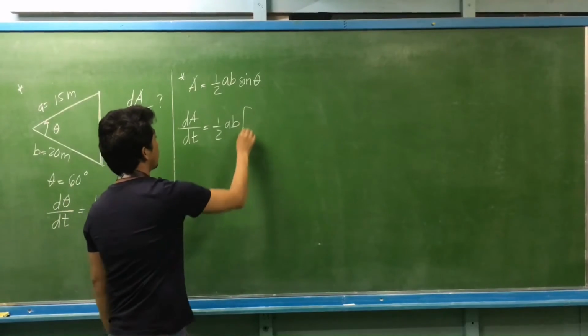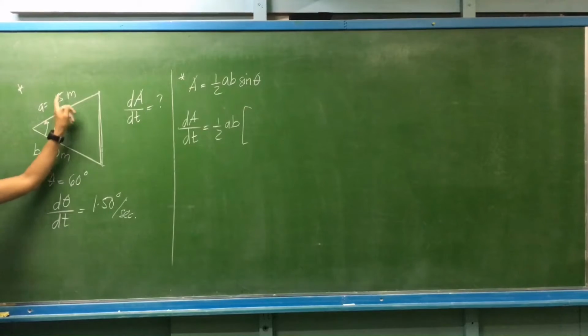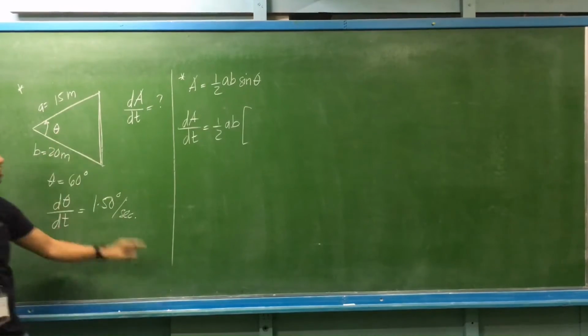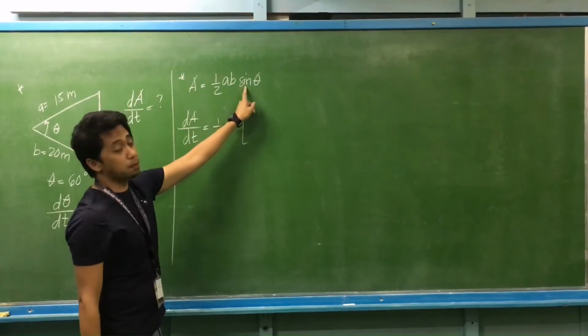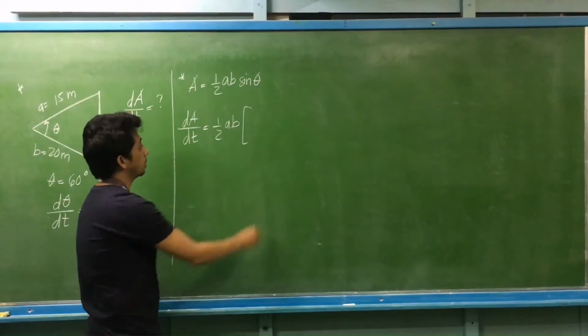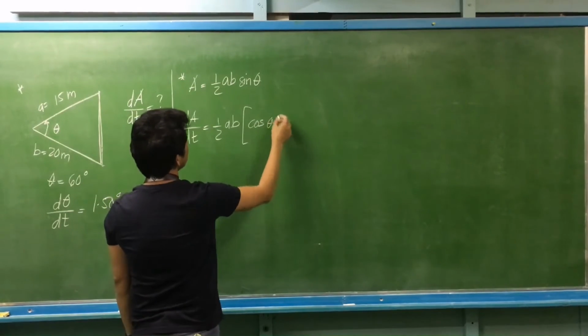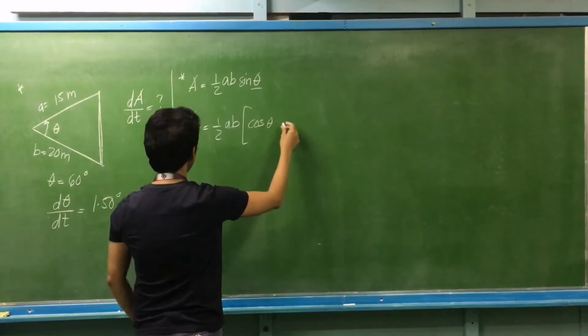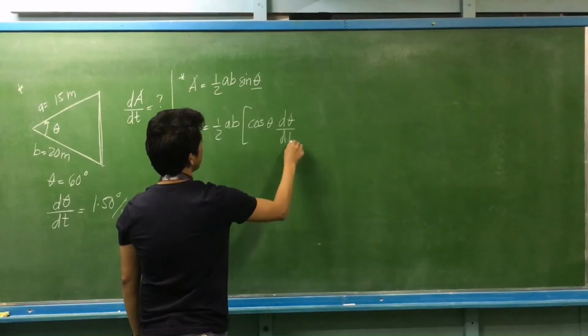The sides A and B are constants, they will not change. The only thing changing is the angle. So sine theta is the variable. What is the derivative of sine theta? We have cosine of theta, then the derivative of the angle, d theta over dt.